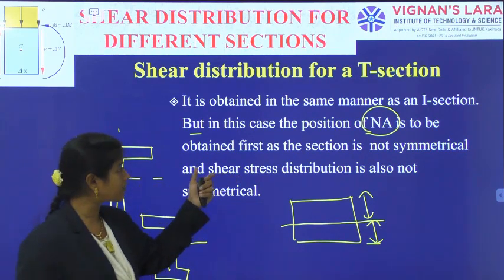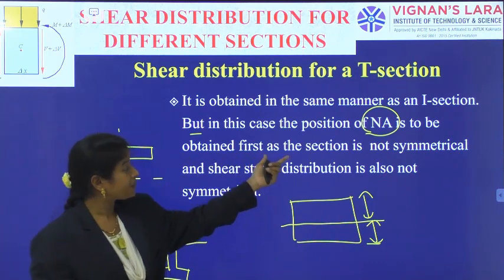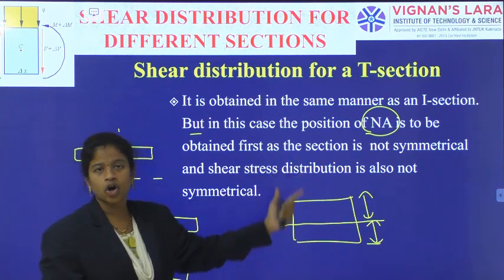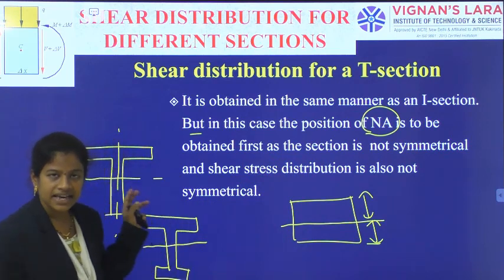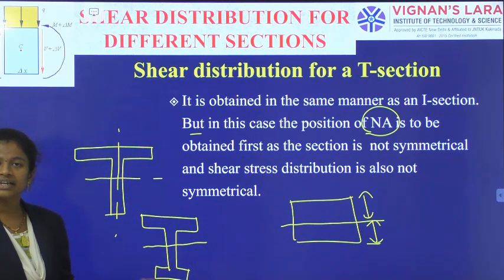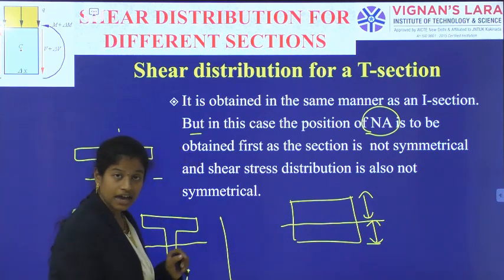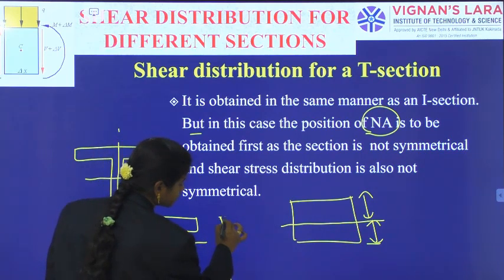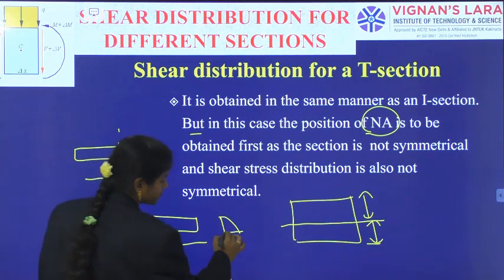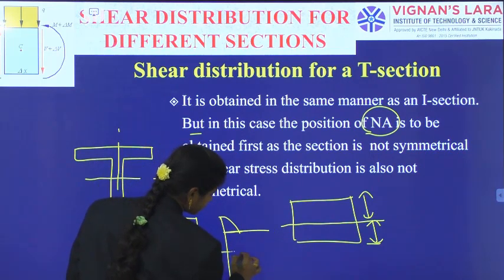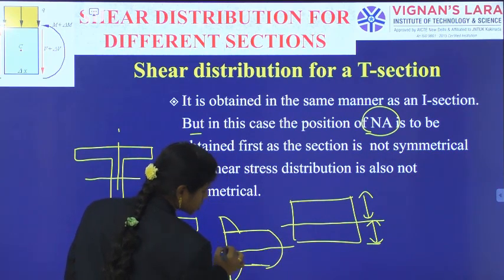And then what we should do is obtain, as the section is not symmetrical, the corresponding shear stress distribution. Yesterday also we have seen this. We have observed some shear stress here and somewhere here at the neutral axis some value, and like this some different portions we have got.